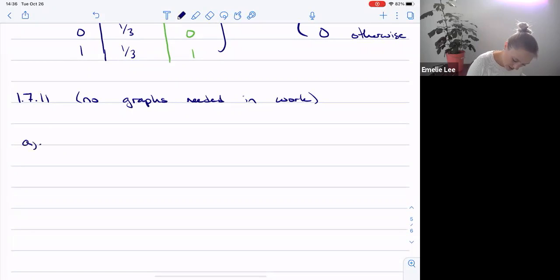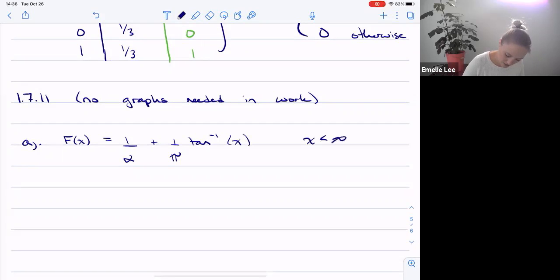So A, we're given that f of x is 1 over 2 plus 1 over pi inverse tan of x. And x is just the set of real numbers, -infinity to infinity. Okay, so first thing we have to do is find the PDF.